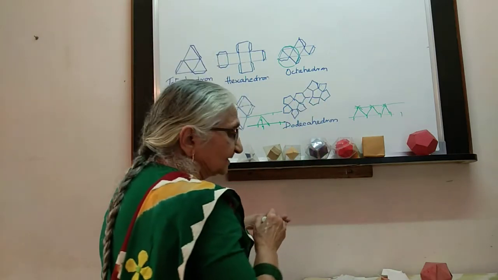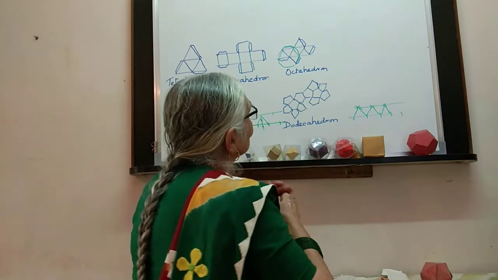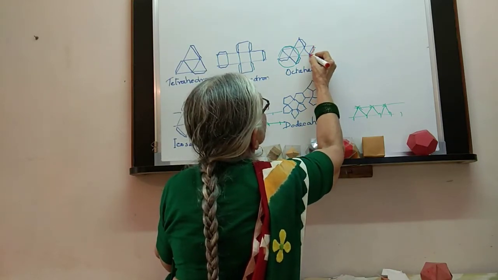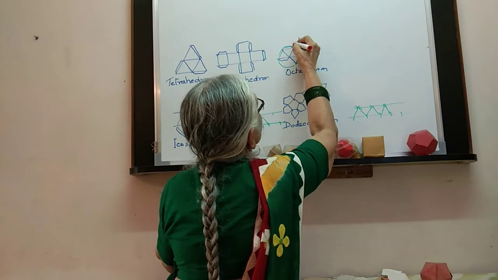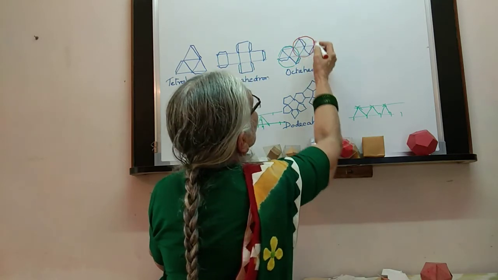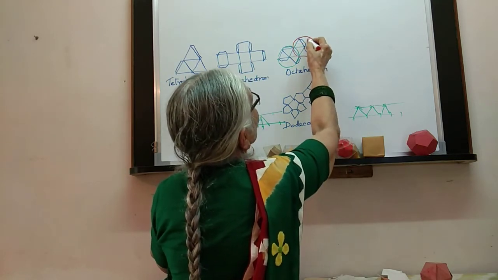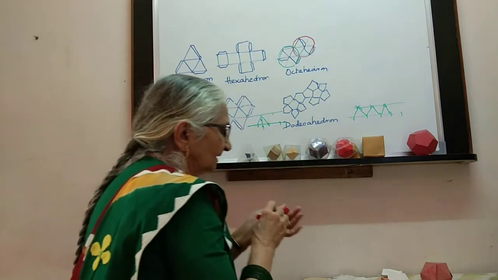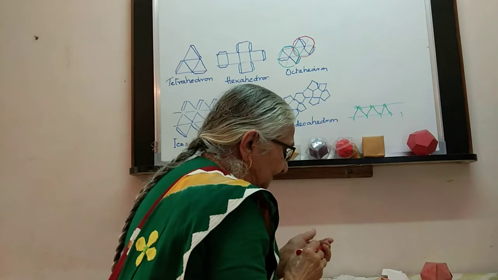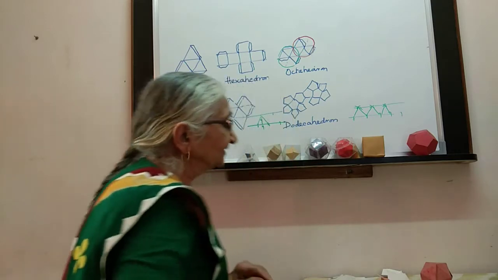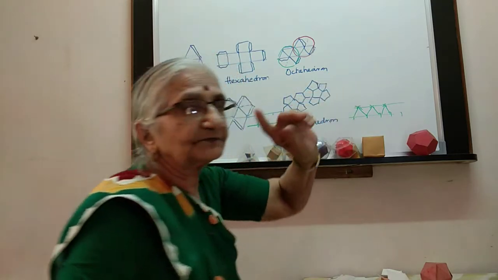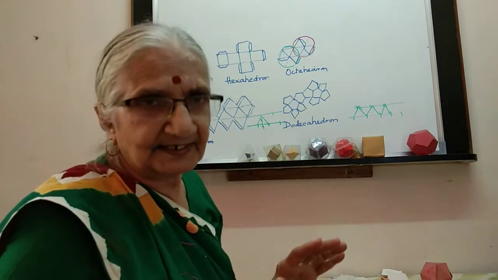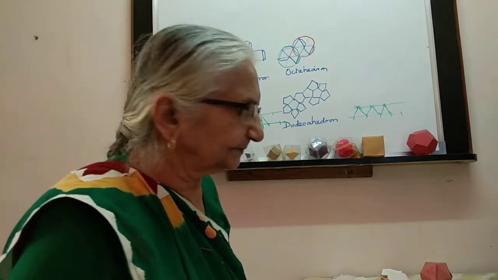Then similarly you will see that the others are also the same. We have taken 4 and there was 2 more here and 2 more here. They have been removed. So that is one way of drawing equilateral triangles. This is the other way of drawing equilateral triangles, and they will give you exact figures quite easily.